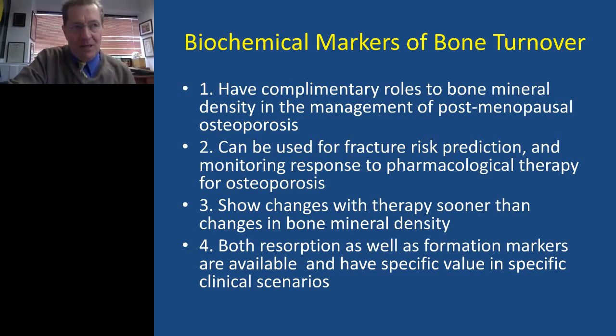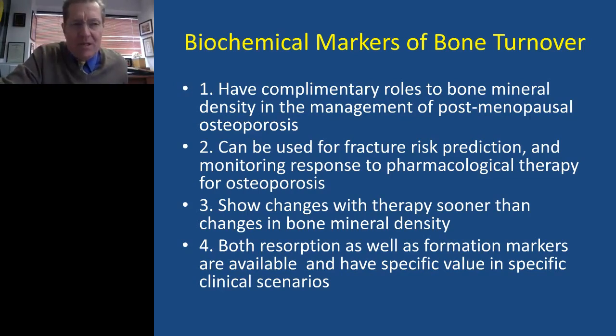The best data comes from a group in London that looked at about 1,200 bone biopsies collected over a period of time and correlated the degree of bone turnover with the tissue non-specific alkaline phosphatase and PTH.